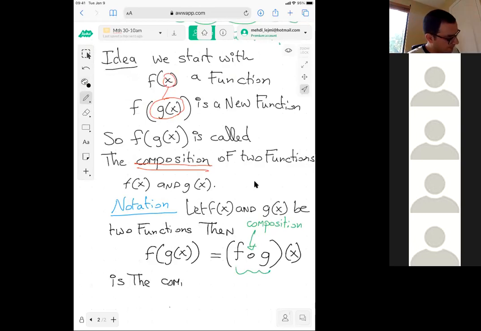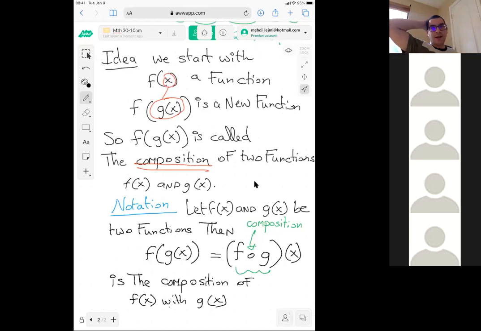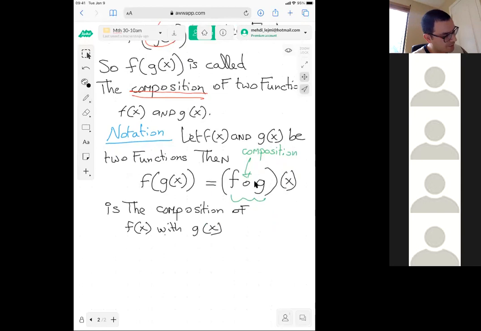Okay, so here's an example, more examples.